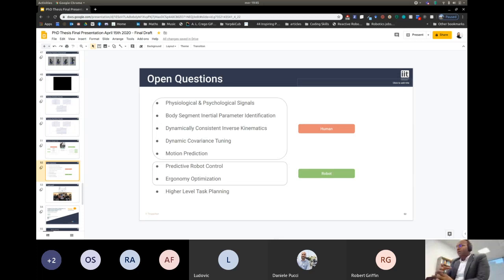A bigger goal would be a digital human modeling suite, where our human model is not just a URDF, but also considers biomechanical models for the muscles, and then allows interesting investigations on ergonomics optimization for the human too. There is also the prediction part, which one of our European partners is already doing. Hopefully we'll get more insights from the prediction side, which we can use for predictive robot control.